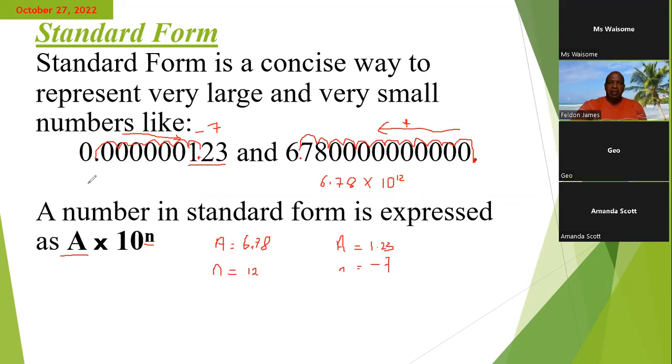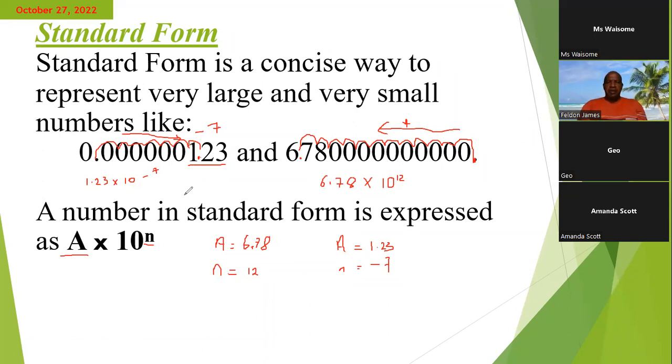So this now would be 1.23 times 10 to the negative 7. And so that would be the number in standard form.